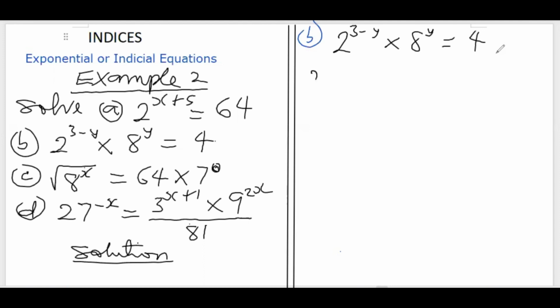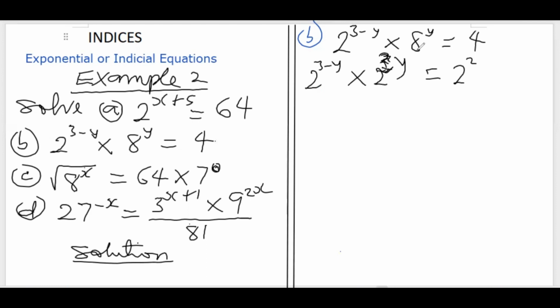So this is already expressed as 2 to the power of 3 minus y, times, express this 8 in power form, it becomes 2 to the power of 3. Now power will multiply with power. So 3 times y is 3y. So we have 3y there, equals 4, which in index form is 2 to the power of 2.